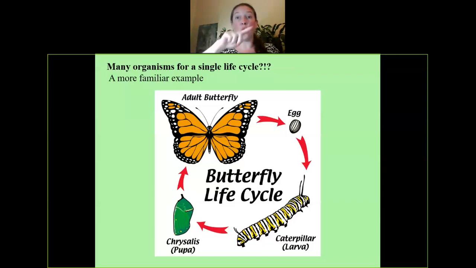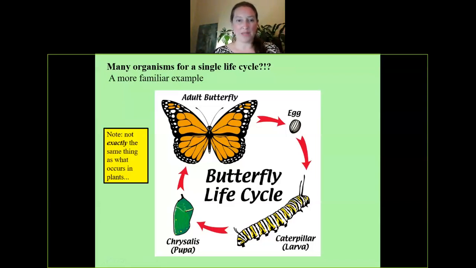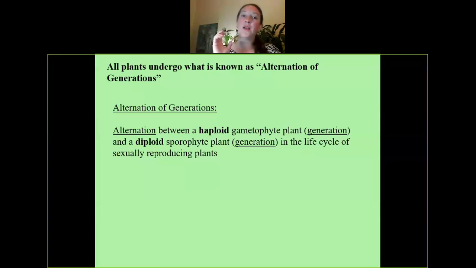So for one life cycle, you had to have 2 separate things, caterpillar and butterfly. Even though this is a good way to think about having 2 organisms during one life cycle, it's not exactly the same as what is happening in plants. But it's a good place to get your mind wrapped around one life cycle, but 2 separate stages.